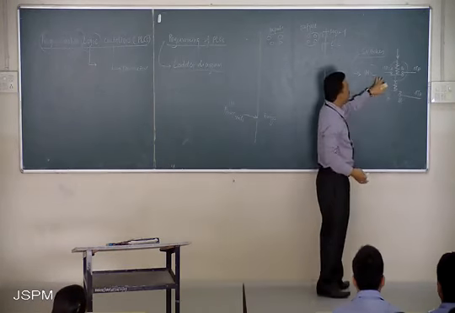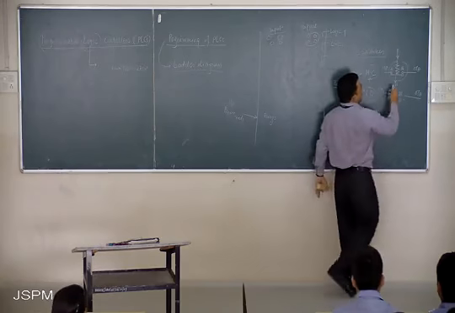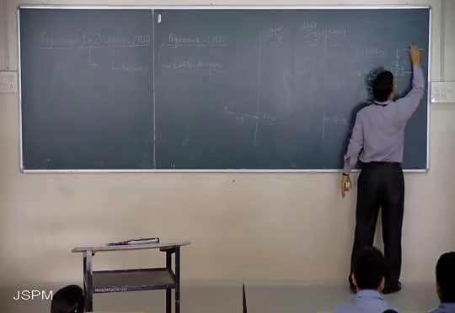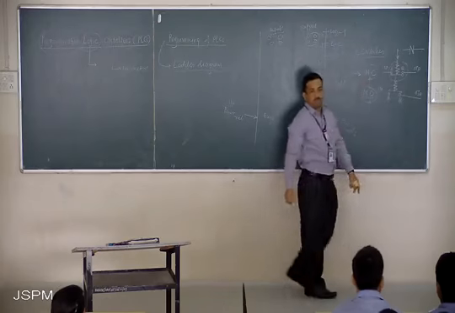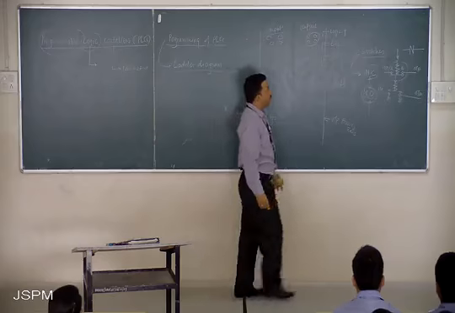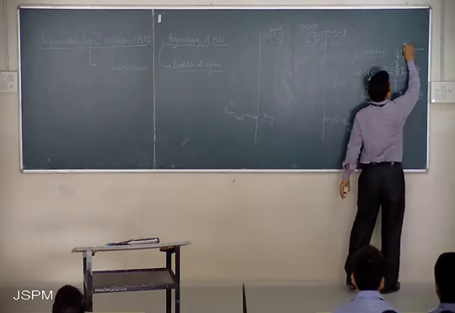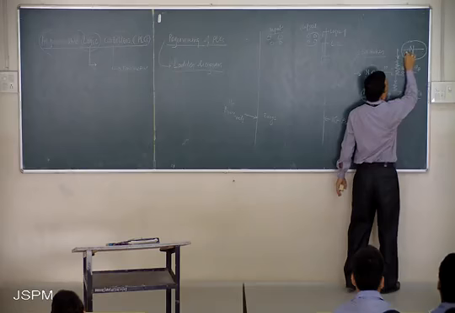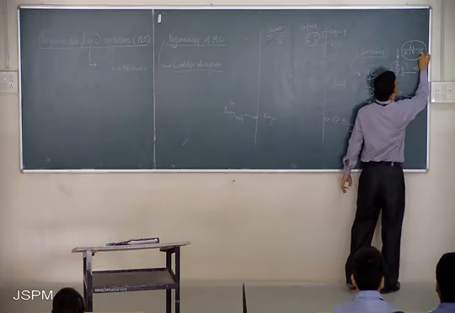The normally closed switch is represented with a symbol like this. This is the symbol for a normally closed switch. This is your input and this is your output.